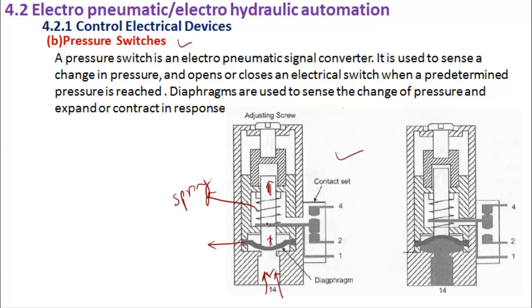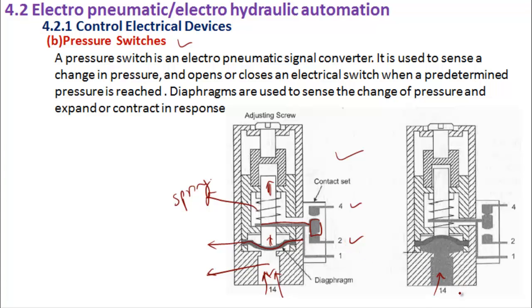Okay. And the armature or the rod is basically connected to a switch here, which actually is connecting between two ports, which are 4 and 2. Okay. So what happens is, when there is no pressure or there is no fluid in this particular chamber, there is no fluid here, the diaphragm is in this position.